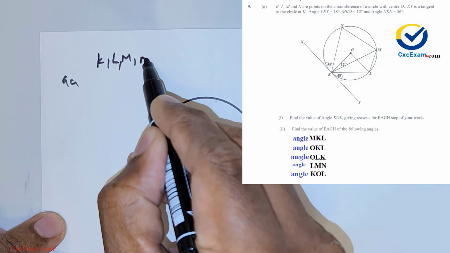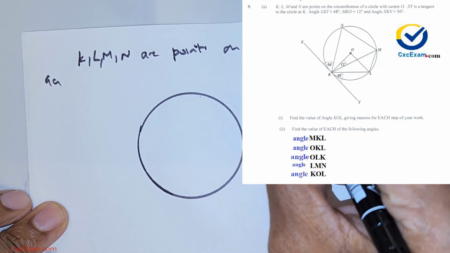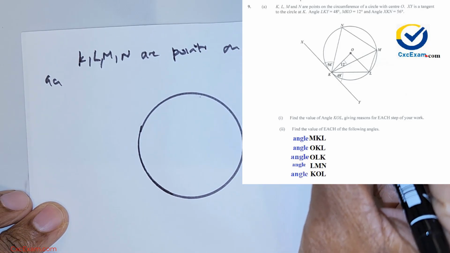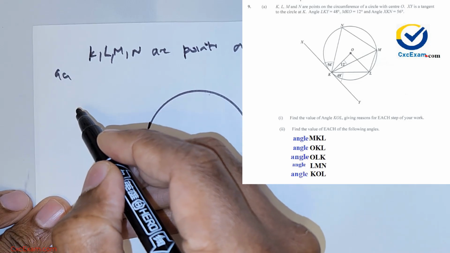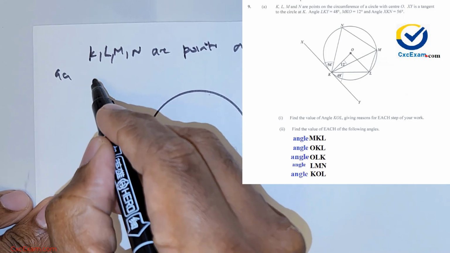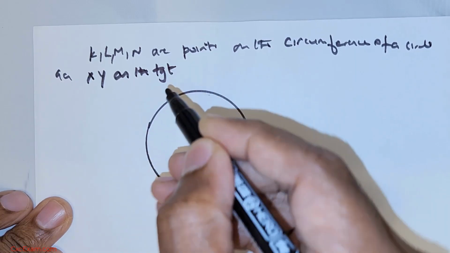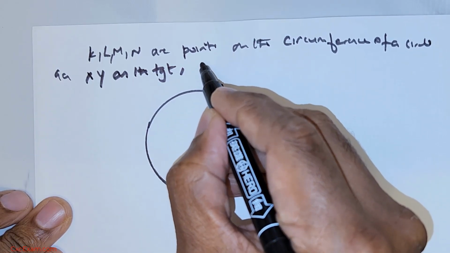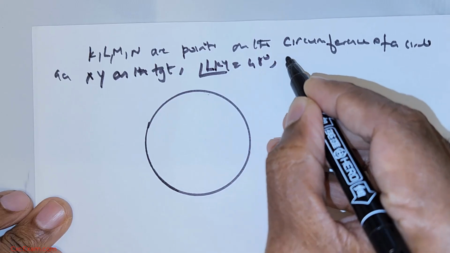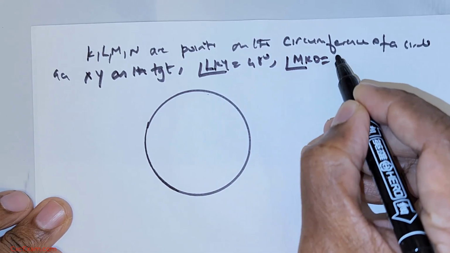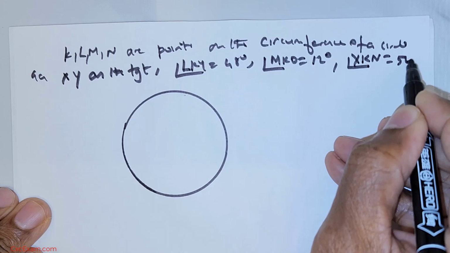K, L, M, N are points on the circumference of a circle, and we got XY as the tangent, and you got LKY 48 degrees, MKO 12 degrees, XKN 56 degrees.